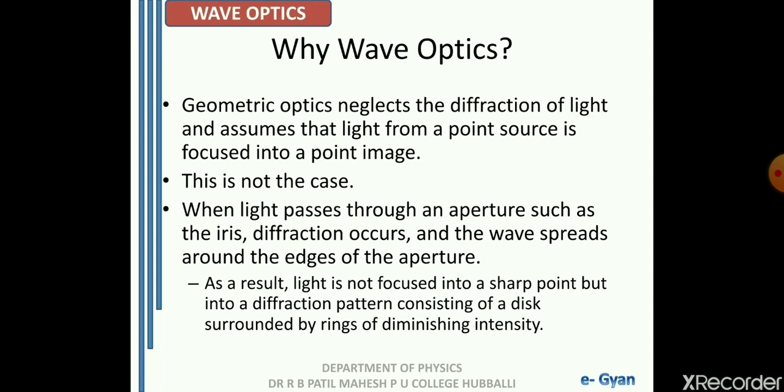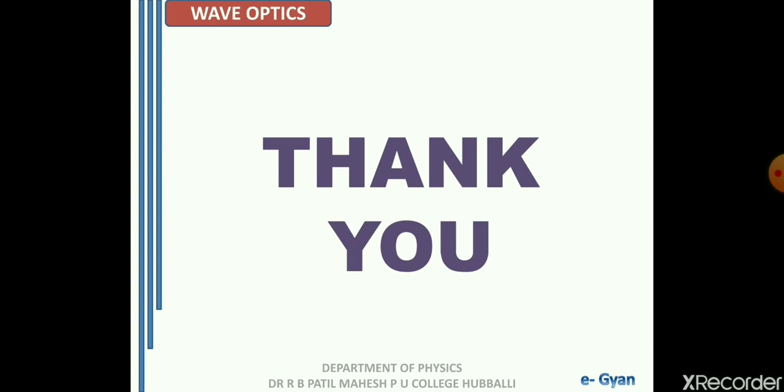These rings are formed due to the phenomenon of diffraction, which could not be explained using ray optics or geometrical optics. And this is true for all the cases where we use lenses. So thus we start the chapter wave optics with this small introduction. Thank you.